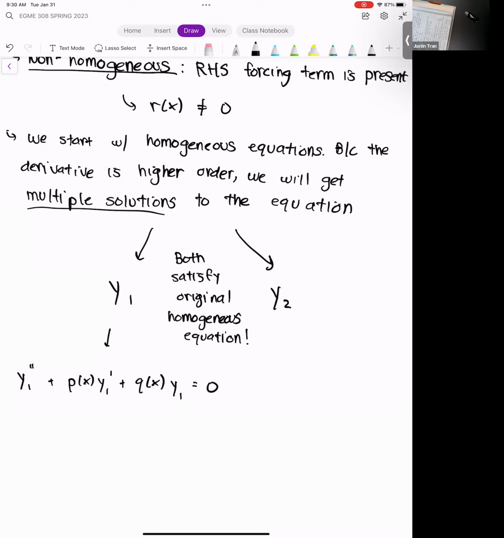Same thing if you plug in y2. You get y2 double prime plus p of x y2 prime plus q of x y2. You plug that in and you'll get 0. So by definition, that's what a solution to the differential equation is.